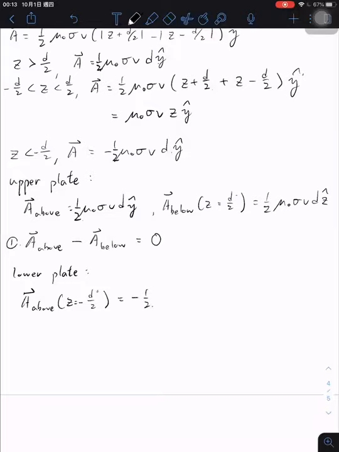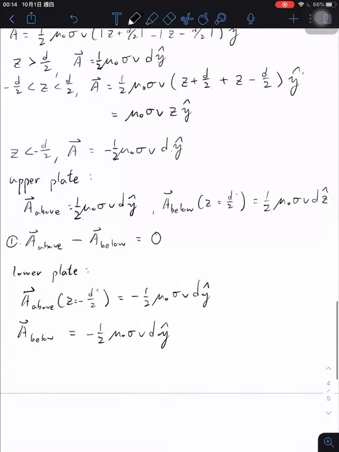So we get 1/2 of mu naught sigma v d y hat. And for the vector potential below, it's the same. Okay, so again, we have shown the first boundary condition at the lower plane.